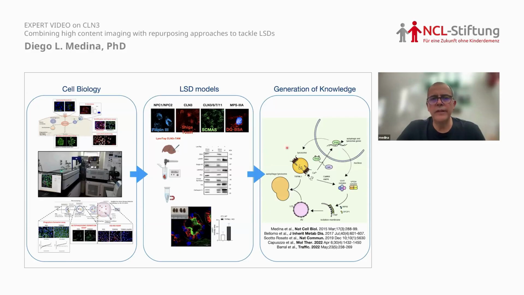So with this approach, we are able not only to generate knowledge from different lysosomal storage disorder models, but also to identify pathogenic pathways that can be targeted for future development of small molecule therapies.